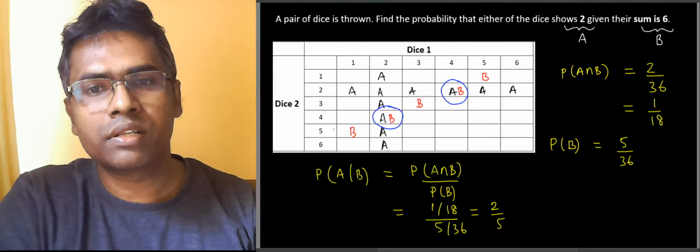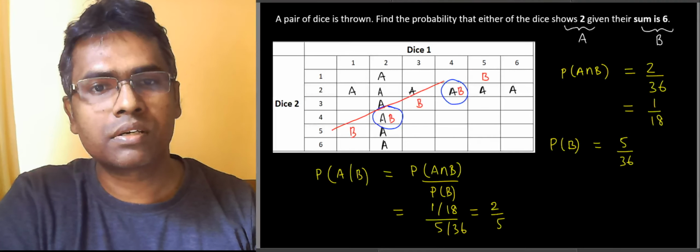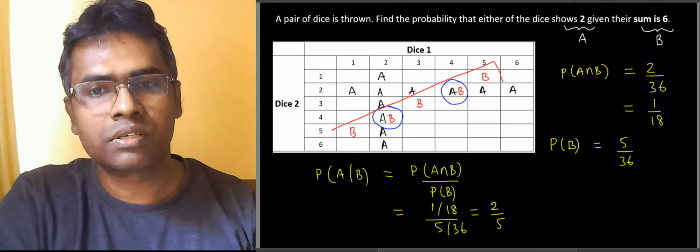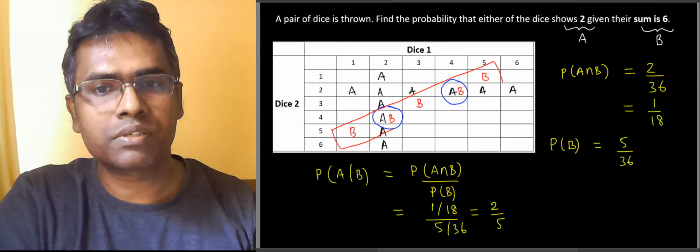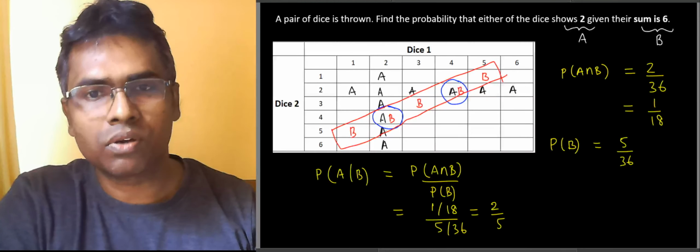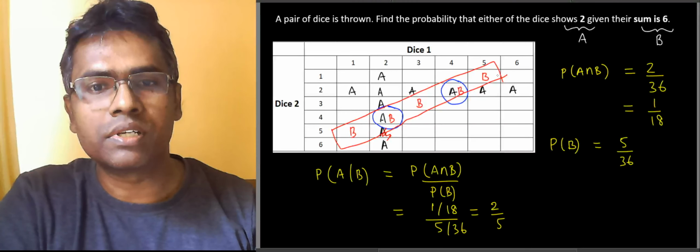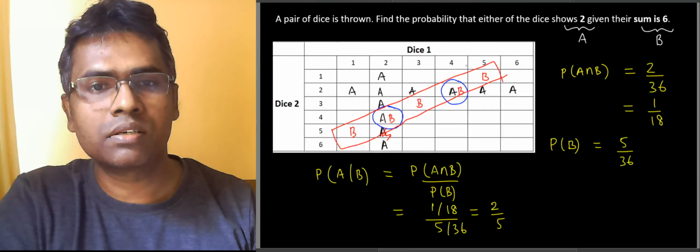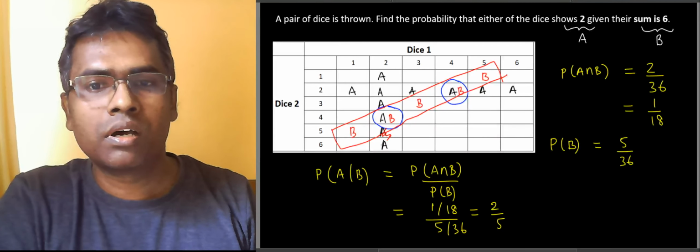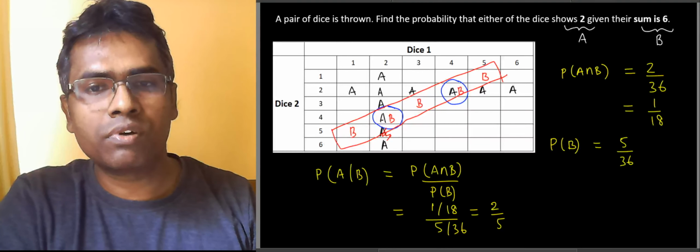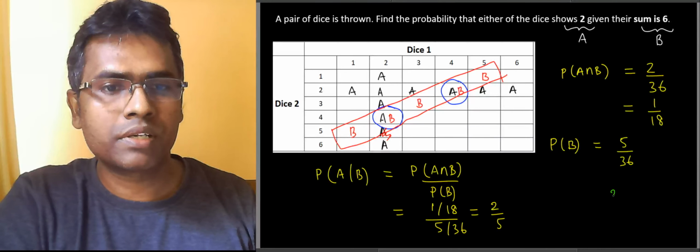So I'm only interested in this sample space, or you can say the new sample space. Now if you look at this reduced sample space, there are 5 outcomes, and out of 5 outcomes only 2 correspond to A. So that means the probability is simply 2 over 5.